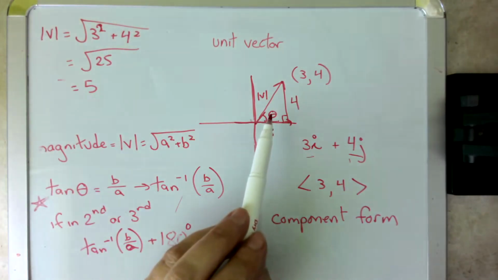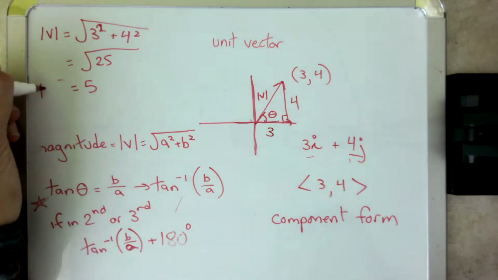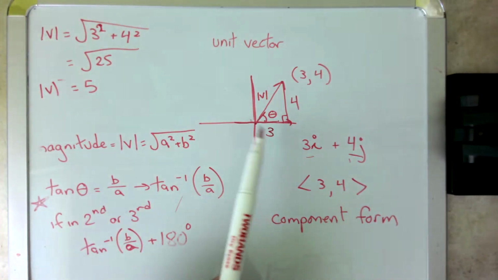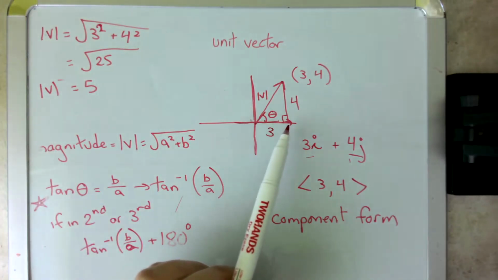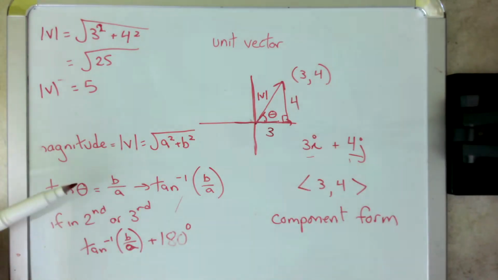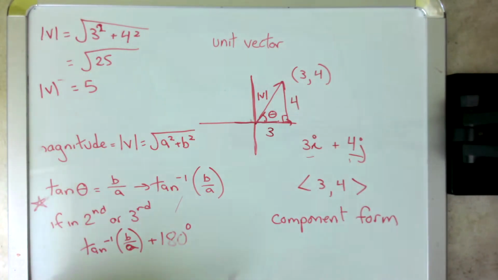So this vector has a magnitude of 5. And then we would take a look, since it's over +3 and up +4, it is in the first quadrant, we're good. We only make this adjustment if it's in the second or the third quadrants, right? A picture will tell you which quadrant it's in.